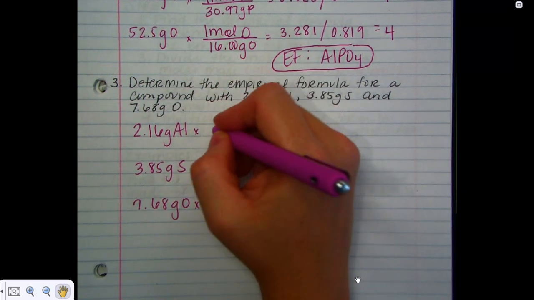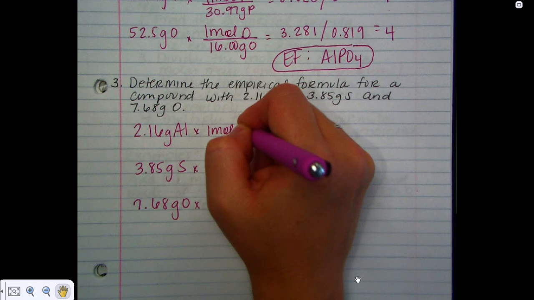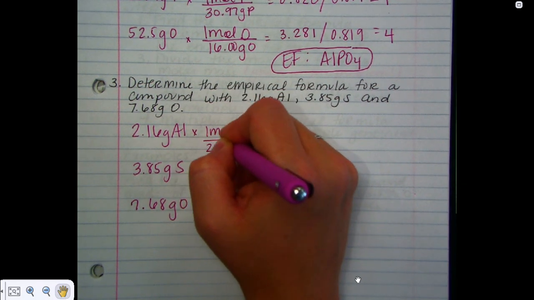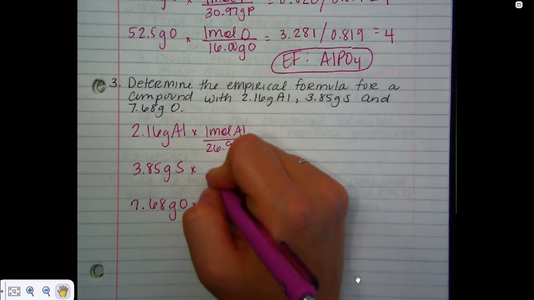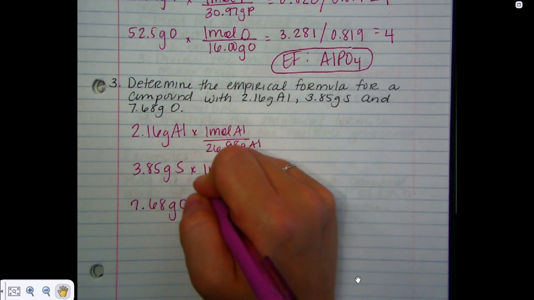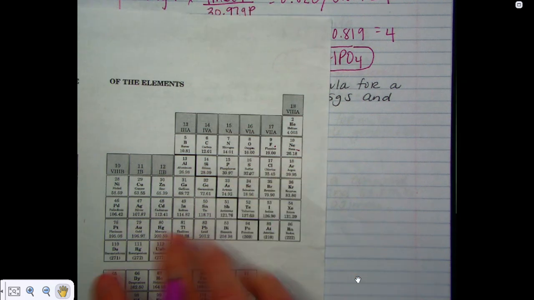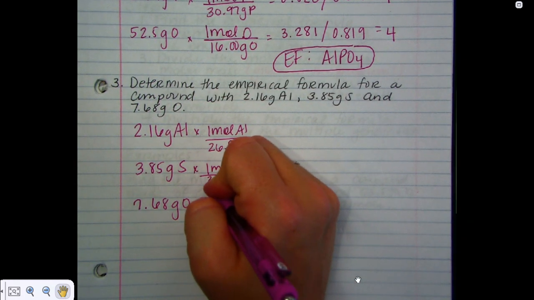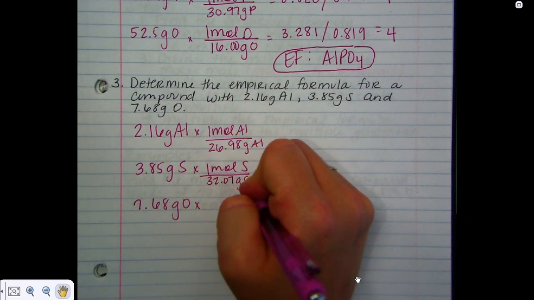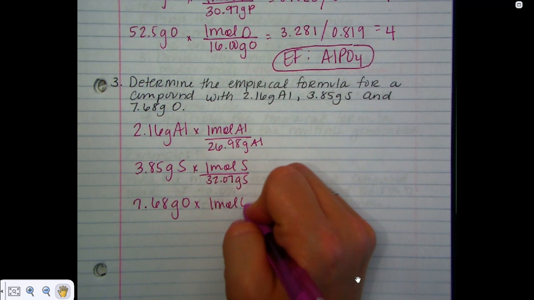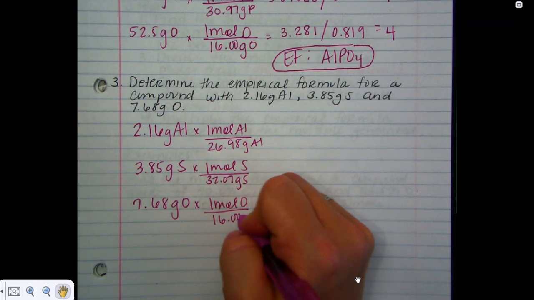All right, so 1 mole of aluminum over 26.98 grams of aluminum, 1 mole of sulfur over 32.07 grams of sulfur, and 1 mole of oxygen over 16.00 grams of oxygen.